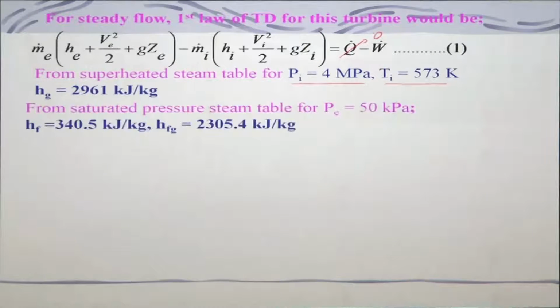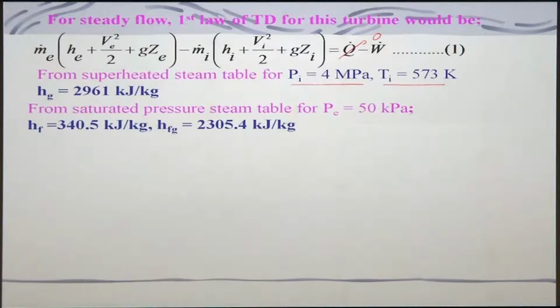Then we get the data from the saturated pressure steam table at the exit pressure of 50 kPa: h_f is 340.5 kilojoule per kg and h_fg is 2305.4 kilojoule per kg. We know the quality of the steam at the exit of the turbine is 0.85.